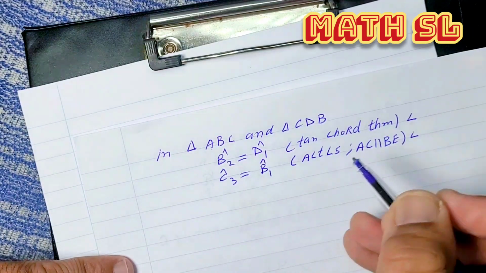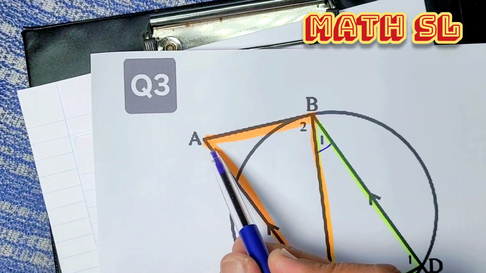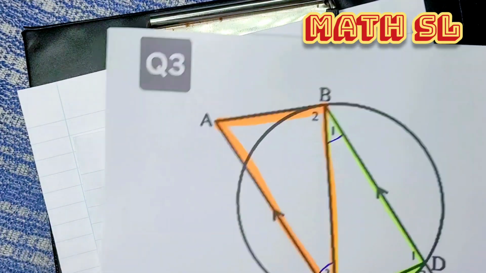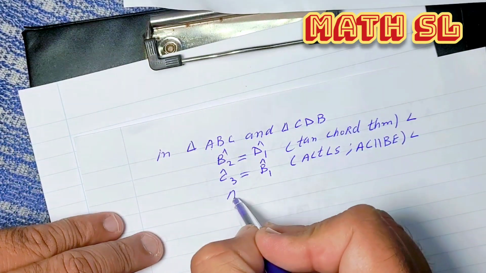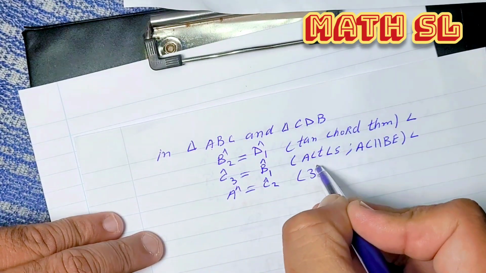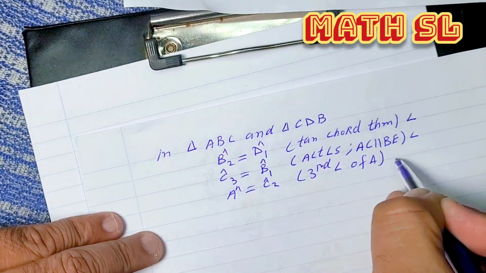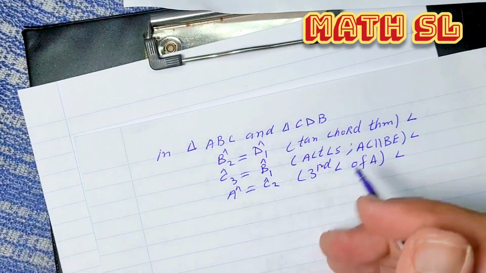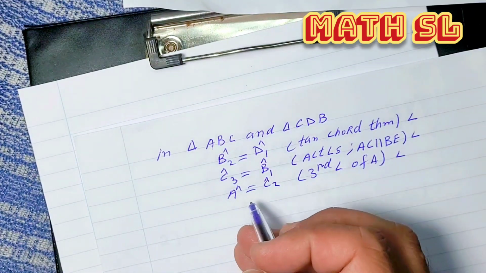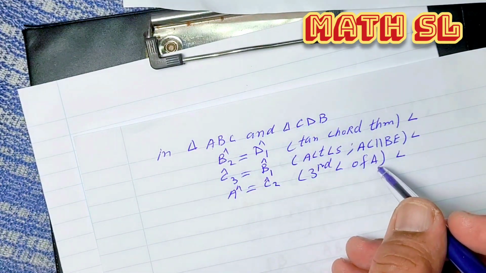It's my second angle, and obviously the third angle, angle A, is going to be equal to angle C2, the third angle of the triangle. But remember, for the last one, you don't need to write it, you just need two angles. The third one is automatically the third angle of the triangle.